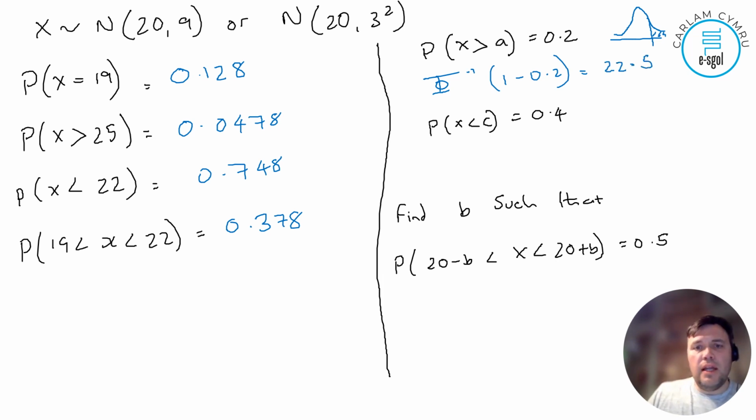And then P(X < c) is equal to 0.4. So 0.4 would be on this side, so we don't have to do anything other than put the inverse value of it, and that will give us a number of 19.24.